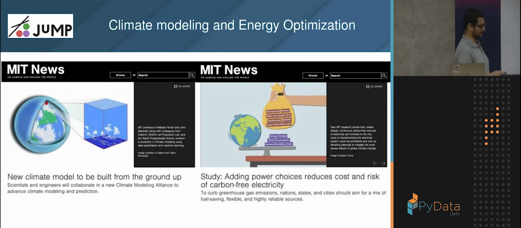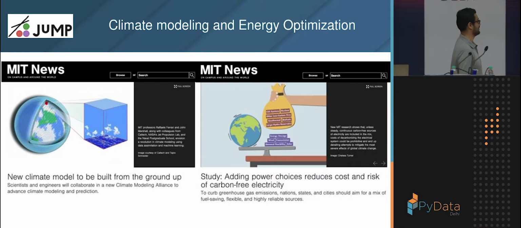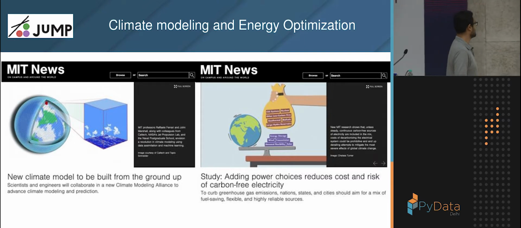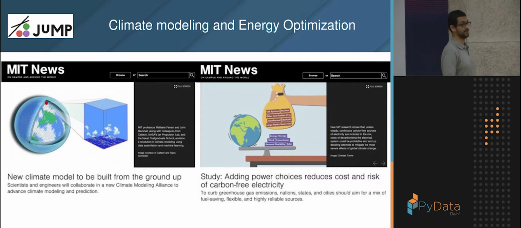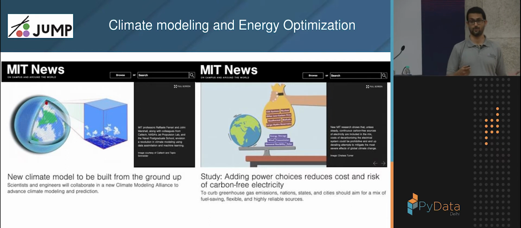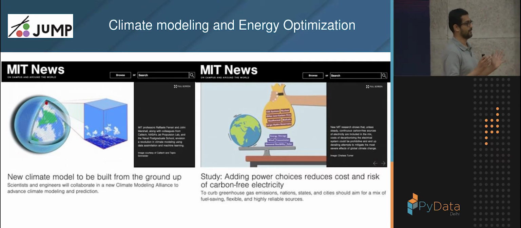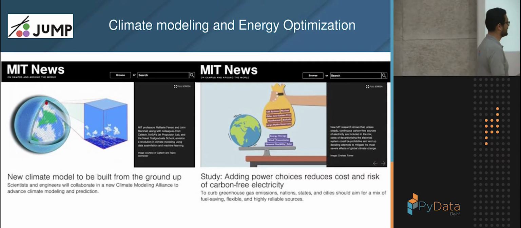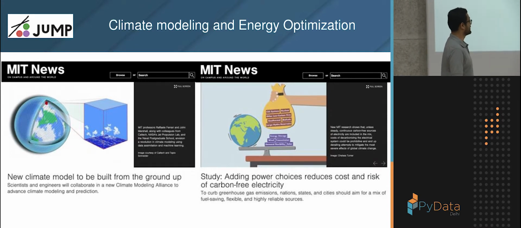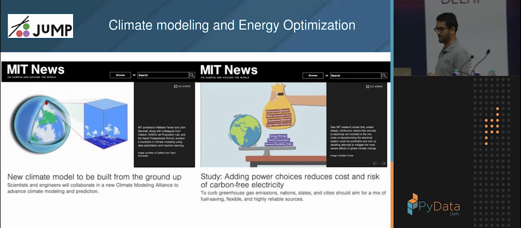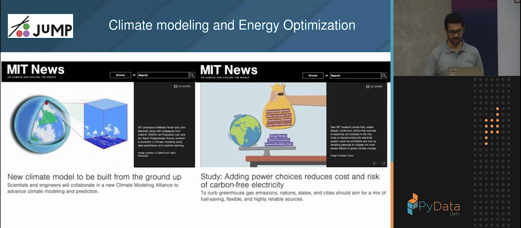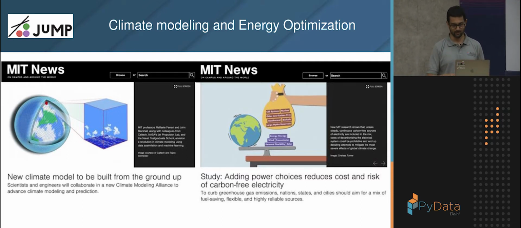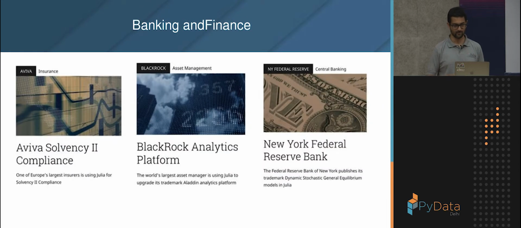More recently, there has been a new climate simulation collaboration that has been announced between MIT and Caltech that has decided to use Julia and Julia's GPU capabilities all the way on some very large high-performance computers. There are increasing amounts of Julia usage for a bunch of research into energy, and especially in moving towards renewable resources.